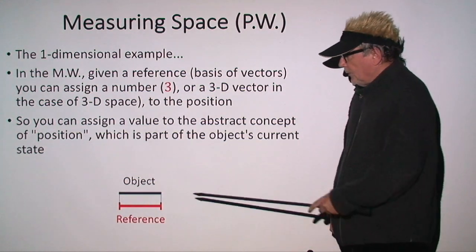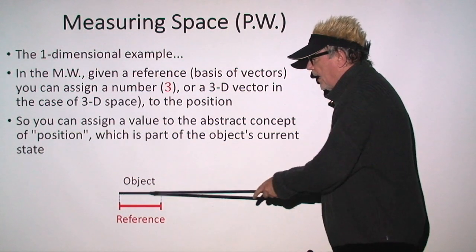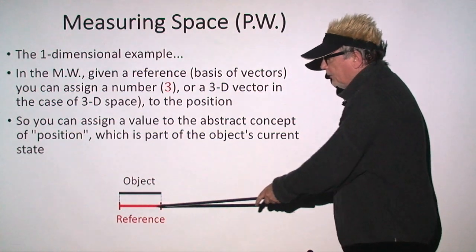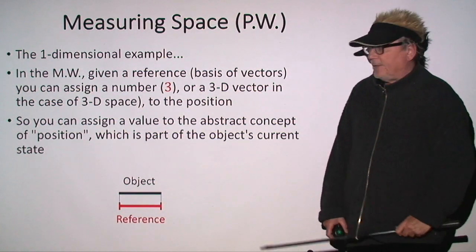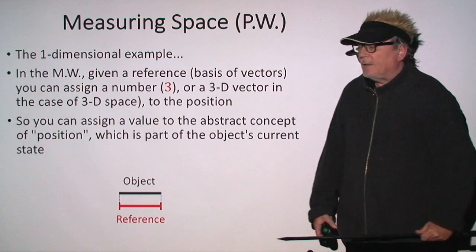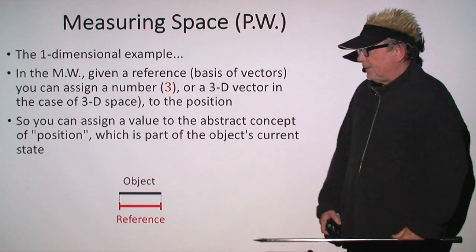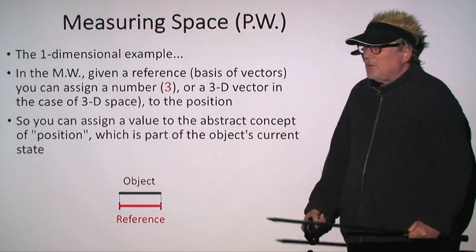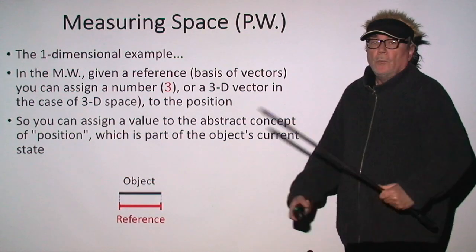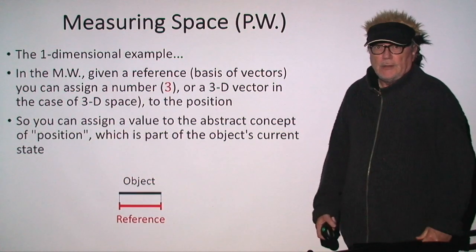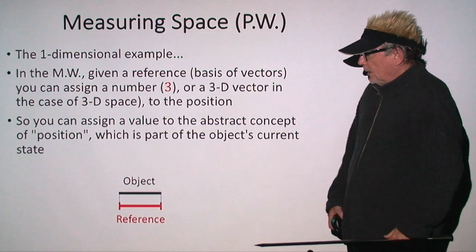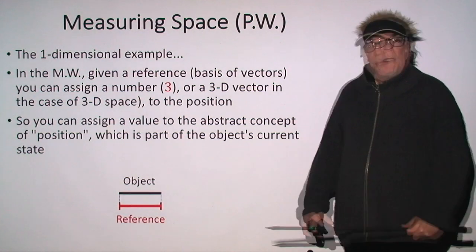So we'll assume that we want to make sure that this object has a length equivalent to our reference here. And now, what does that mean? How can we measure it? Remember, we don't know much for now. We don't know what space is and how to measure it. We don't know what time is. We only know about simultaneity and states.